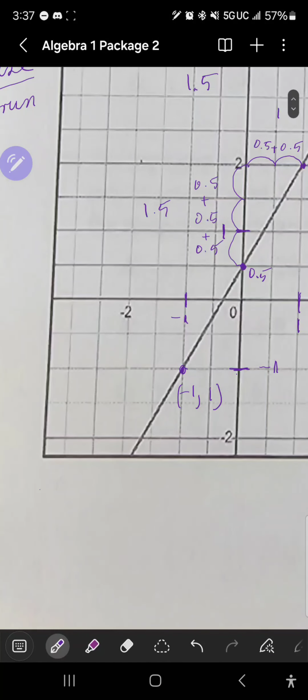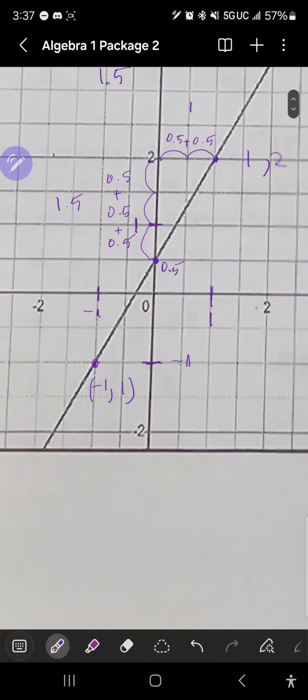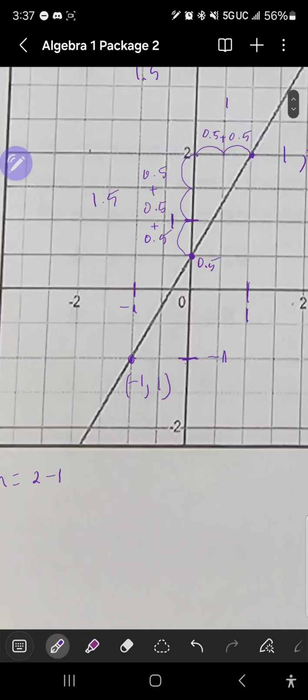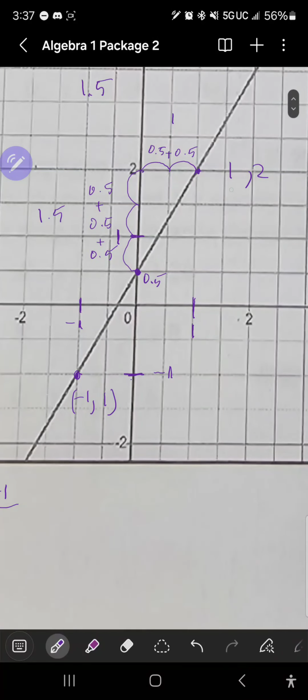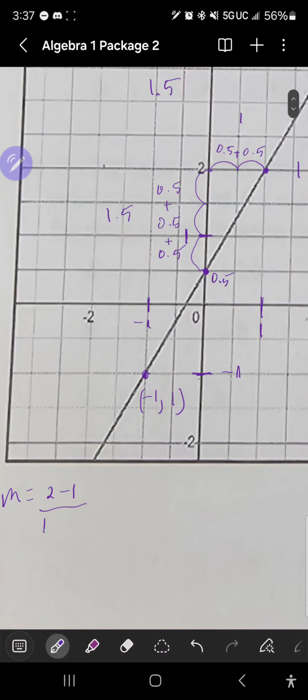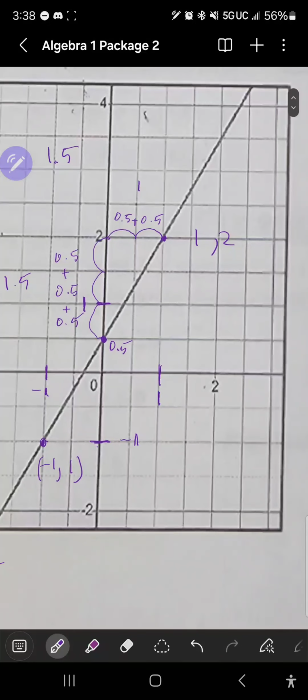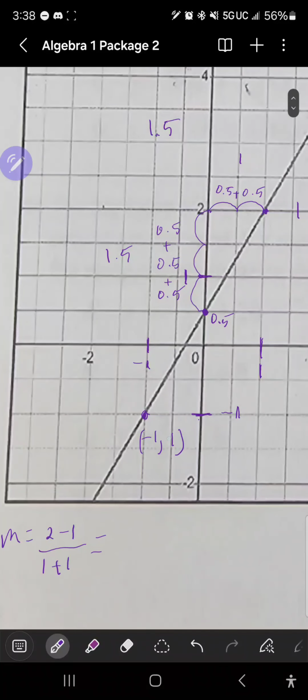I'm going to calculate this slope, which is going to be 2 minus 1 divided by 1 minus negative 1, which is the same as 1 plus 1. So we have, wait, oh, this is minus.